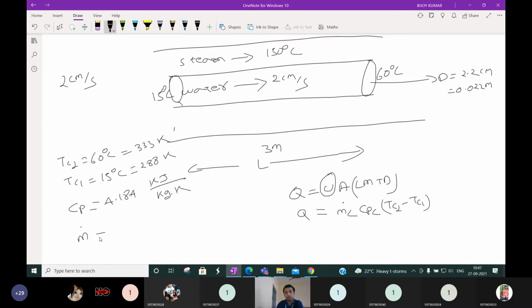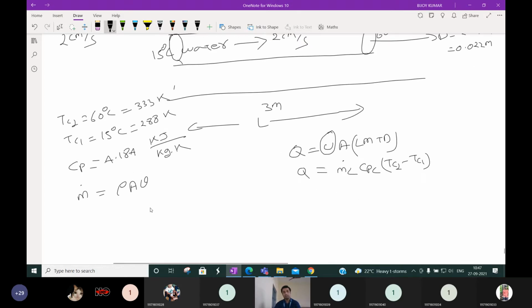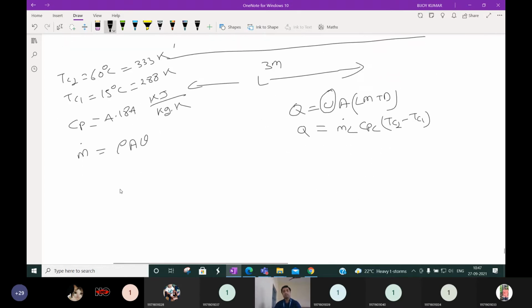The mass flow rate formula, we know that mass flow rate is nothing but rho A V. In fluid mechanics you must study these things. Mass flow rate unit is kg per second. Then density, unit kg per meter cube.